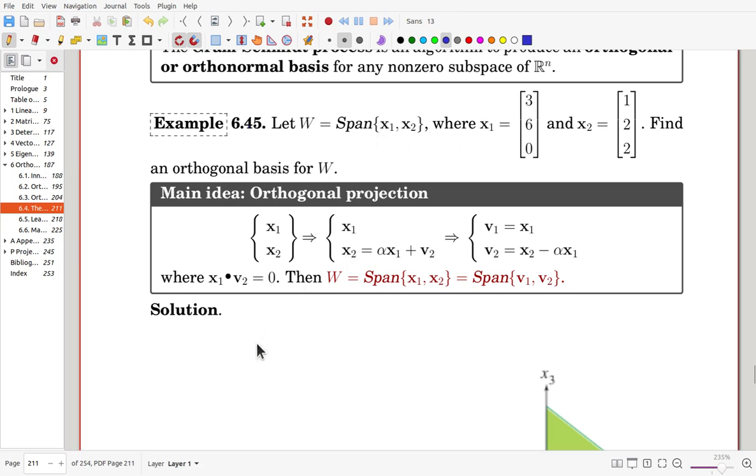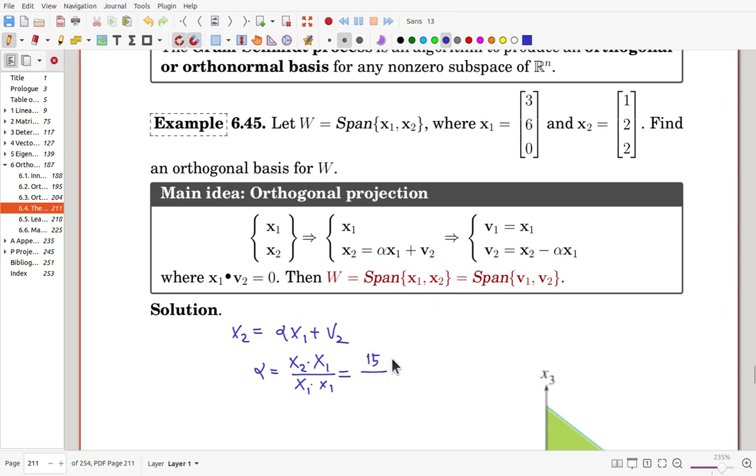Okay. x2 must be projected to the space of x1. So x2 is the same as x2 hat, which is alpha x1 plus, now we are using v2, the notation. And alpha must be, x2 is projected to x1, so that's x2 dot x1 over x1 dot x1. x2 dot x1 is 3 plus 12, so that is 15.